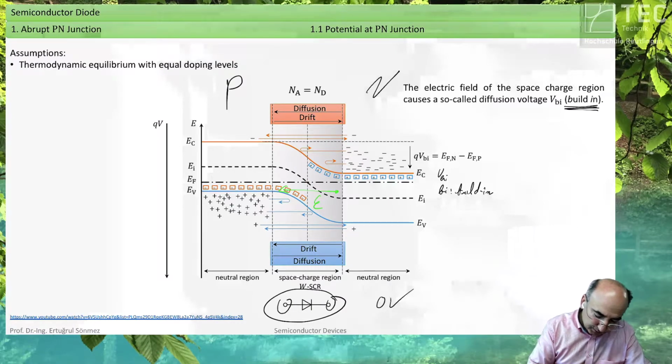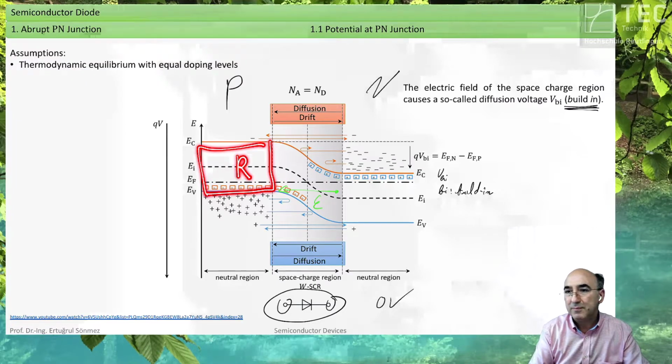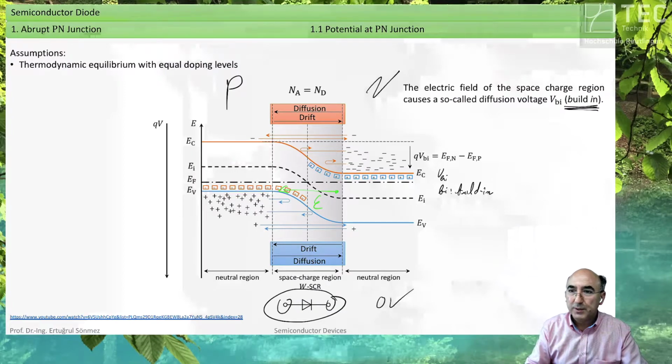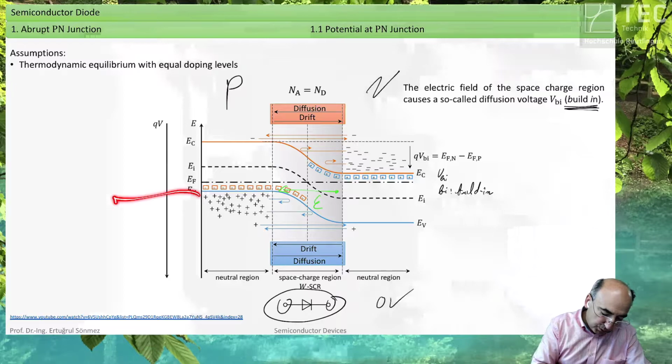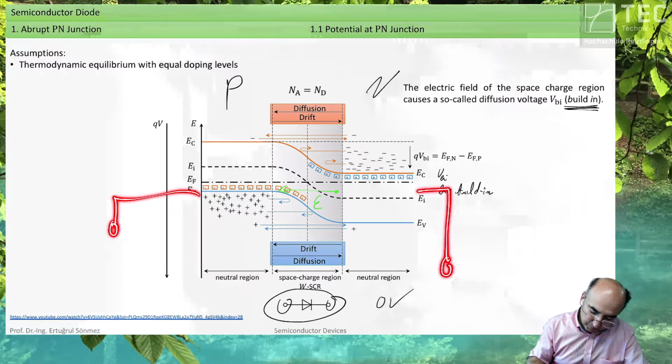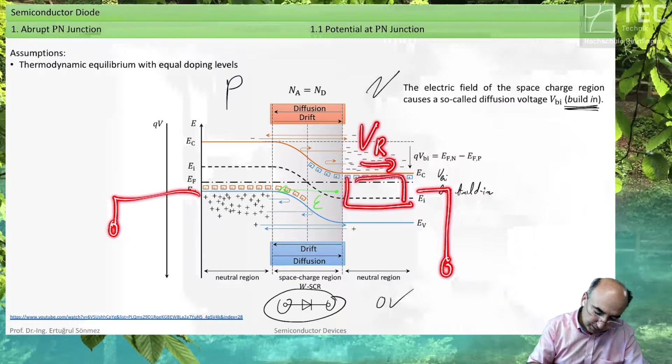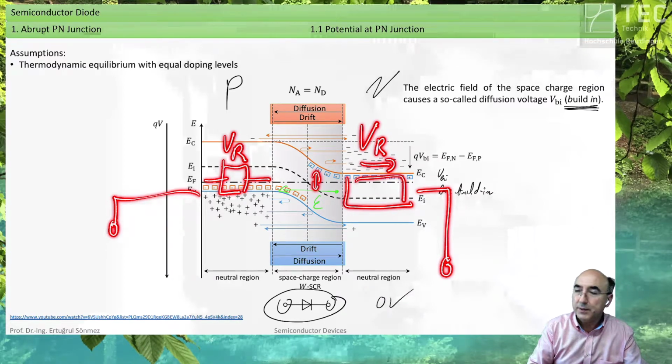You know, the rest of the semiconductor is a resistor. So infinite current can't be transported through the semiconductor. So the external voltage is the sum of the resistor voltages, VR, and here also VR, and the voltage you have here internally applied.